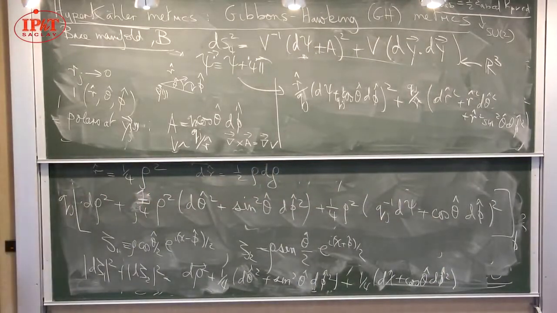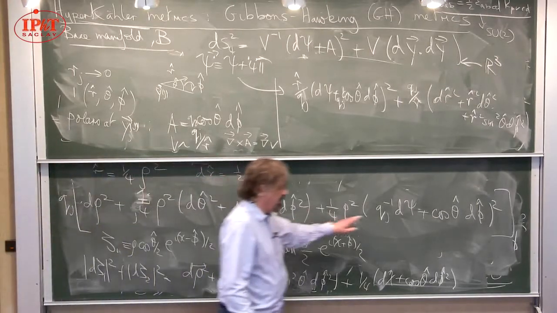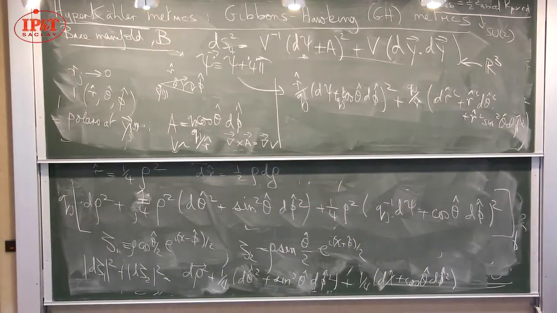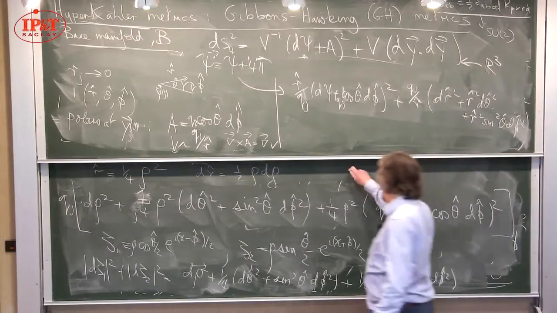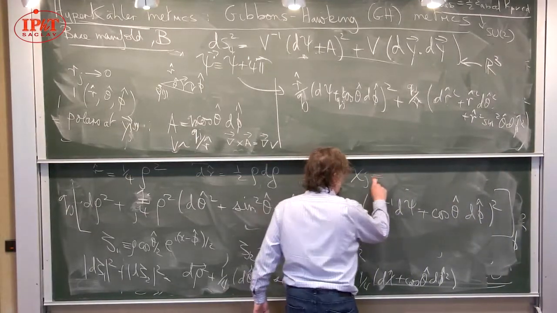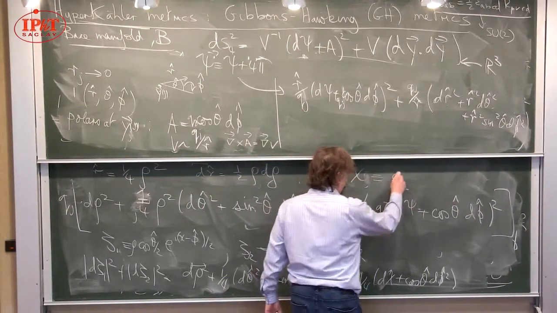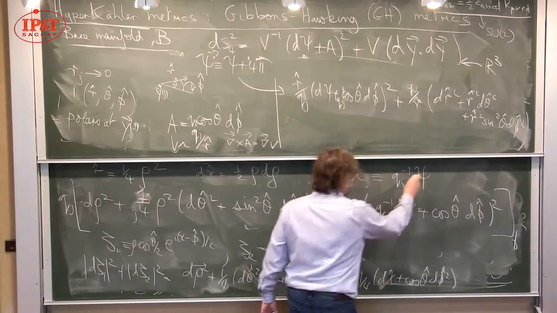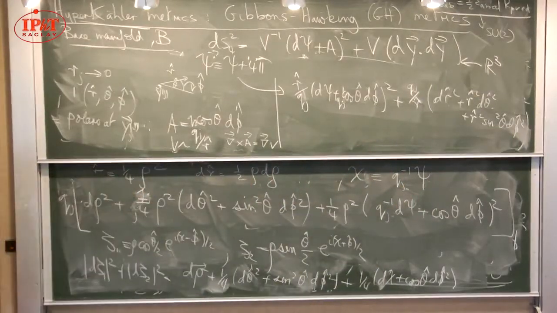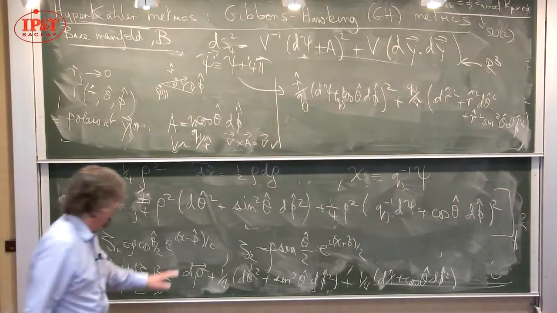Now, this metric is almost exactly R4 except for this q to the minus 1. So chi is to be identified with qj to the minus 1 psi. And now you've got a metric which is locally perfectly flat. It is R4.